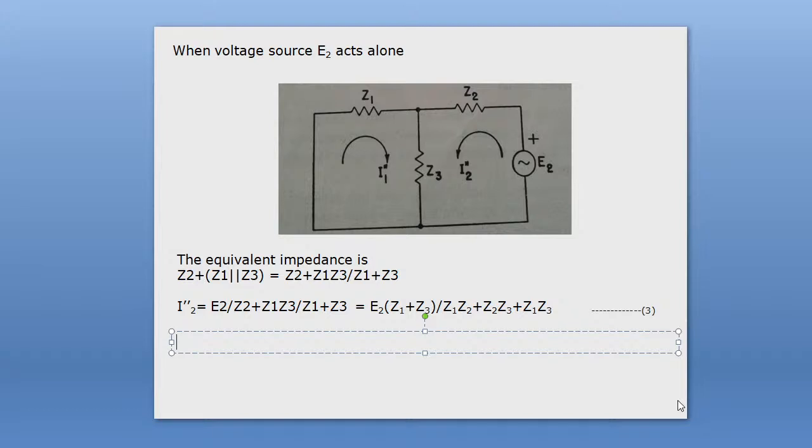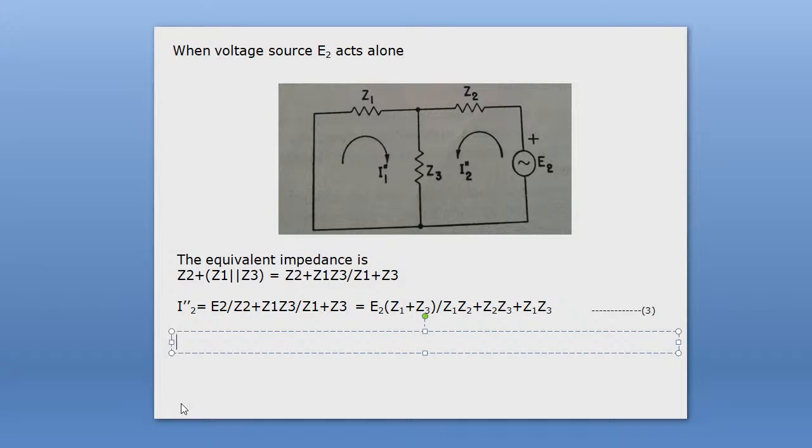Now you consider this loop, loop 2, and apply KVL with the current I1 double prime associated.